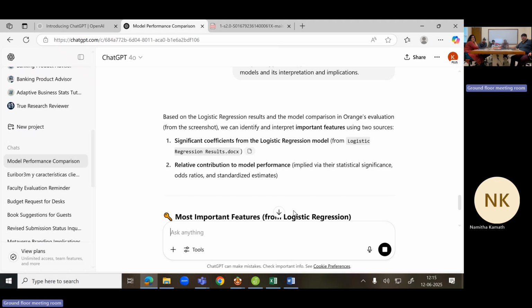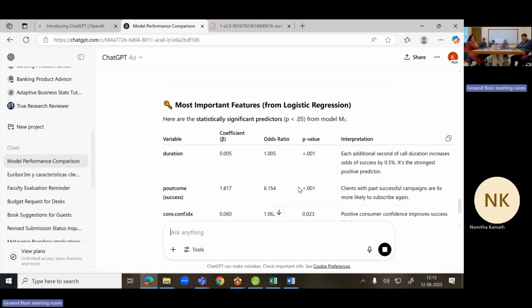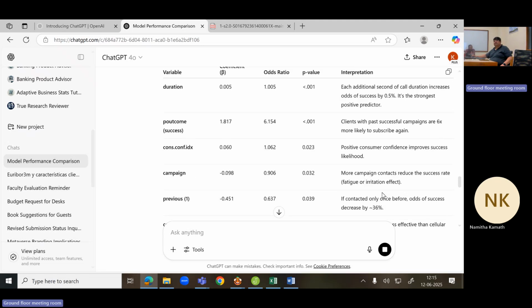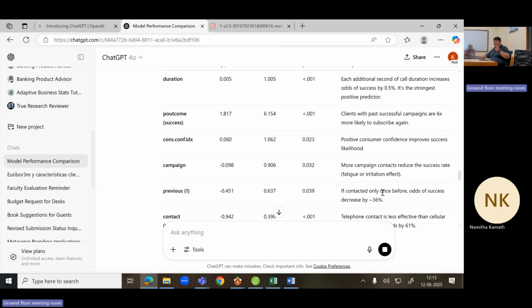The most important features from logistic regression: duration, interpretation. So it's getting slightly different. But ultimately, this is not the final solution. You have to validate. Don't blindly follow this.